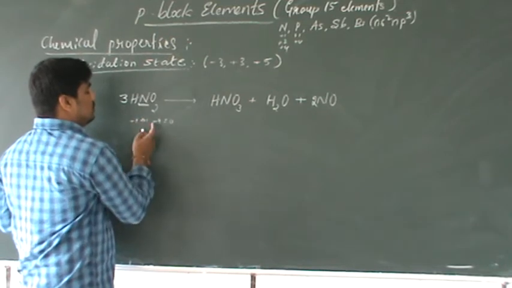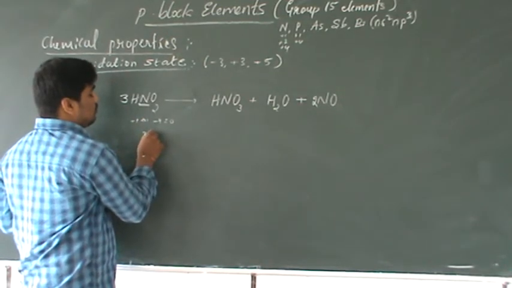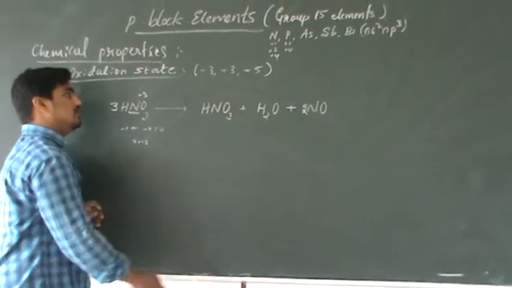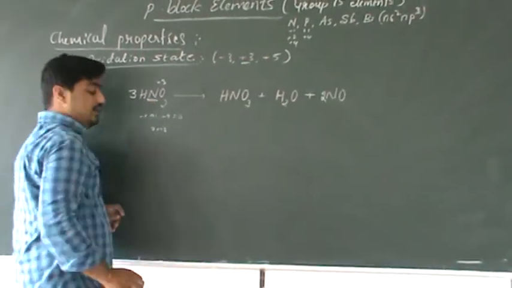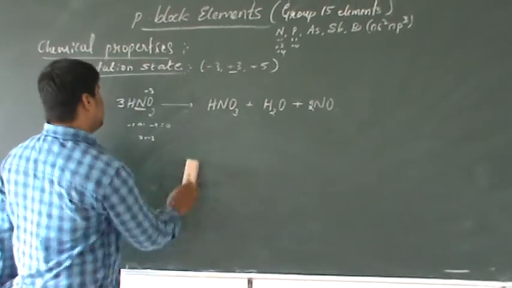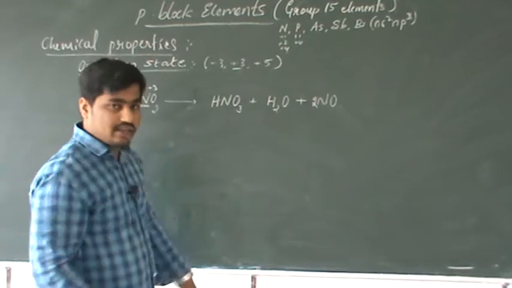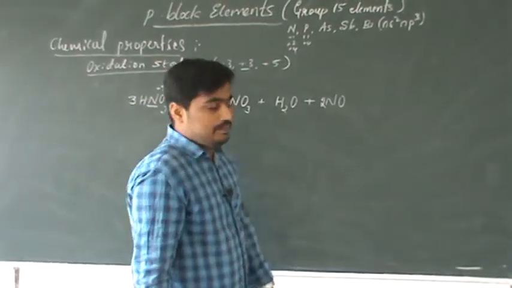Because of that x is equal to +3. The +3 oxidation state is observed in nitrous acid, so the oxidation state of nitrogen in nitrous acid is +3.